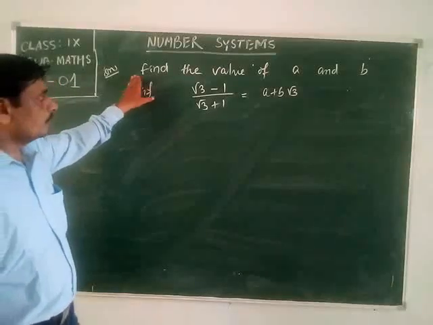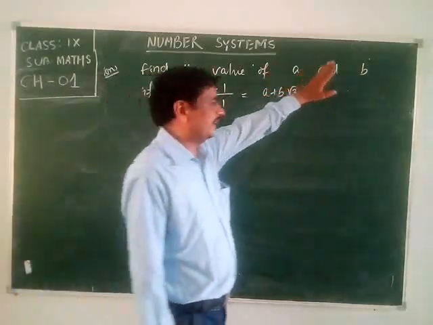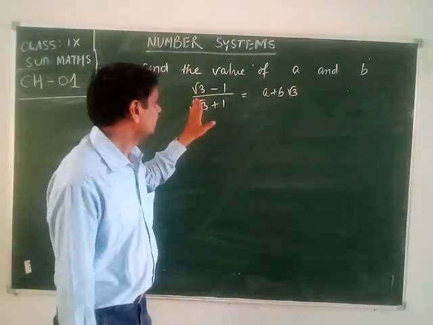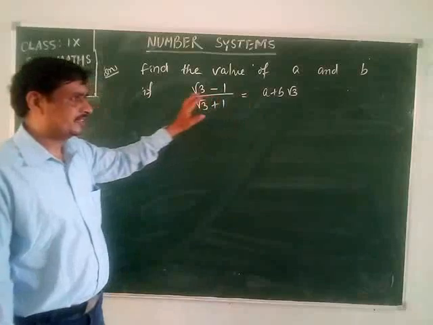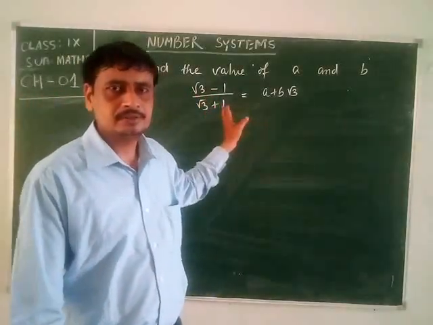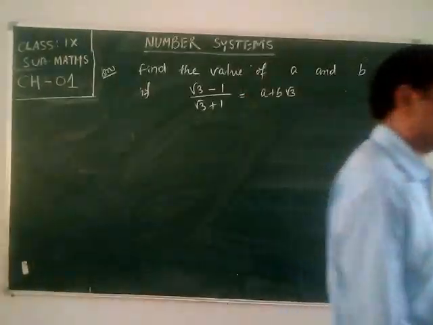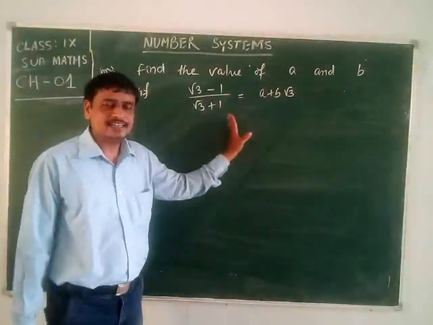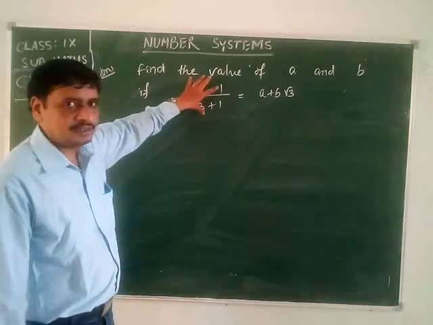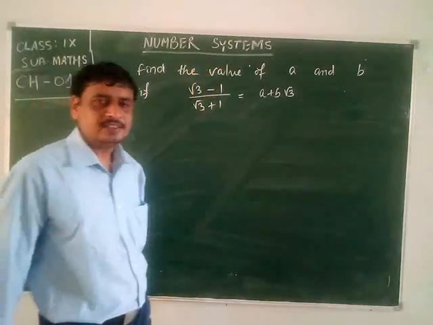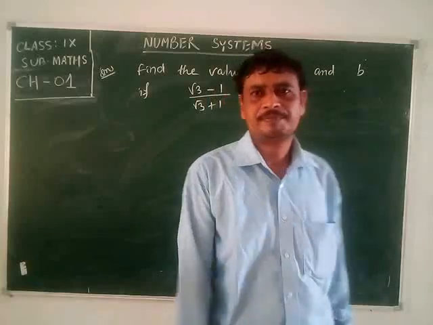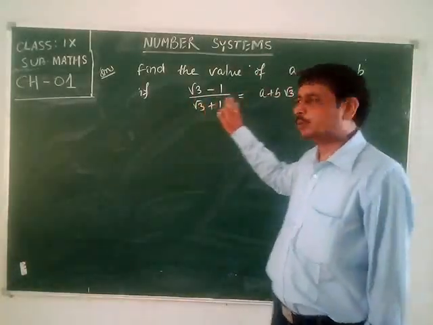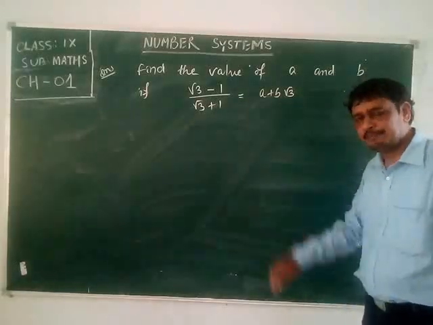Here we have to find the value of A and B from this relation. First we have to rationalize the denominator of the left side and we will equate that number with the right side, A plus B root 3.